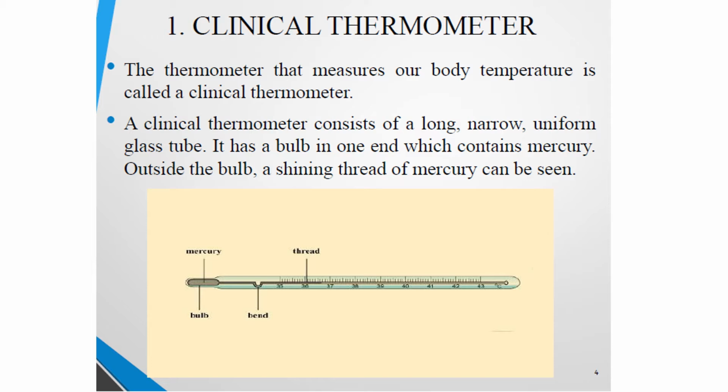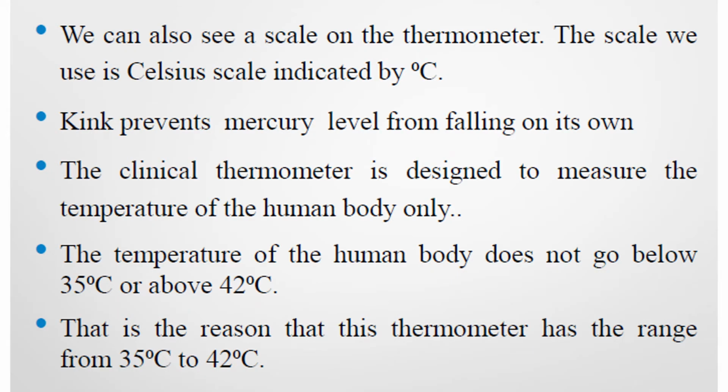The clinical thermometer measures our body temperature, so it is called a clinical thermometer. It consists of a long, narrow, uniform glass tube, and it has a bulb at one end which contains mercury. Outside of the bulb, a shining thread of mercury can be seen. We can also see a scale on the thermometer using degrees Celsius.